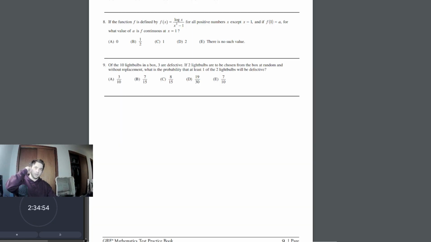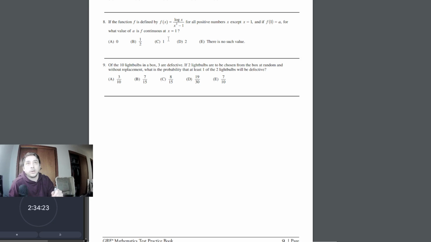Zero. 0 over 0. Let's see. Of A. It's okay, that's a complicated way to say it. It's going to be 0. Log 1 is 0.